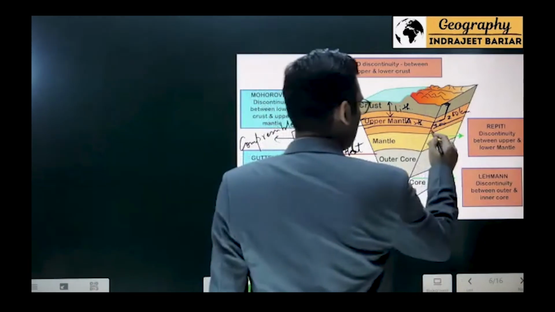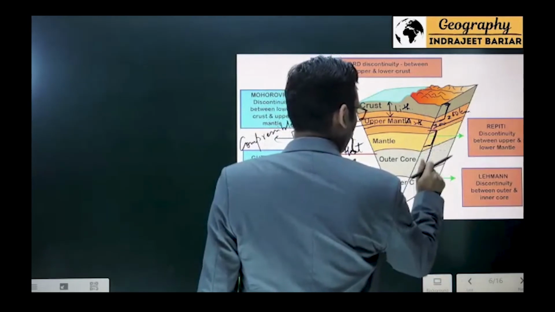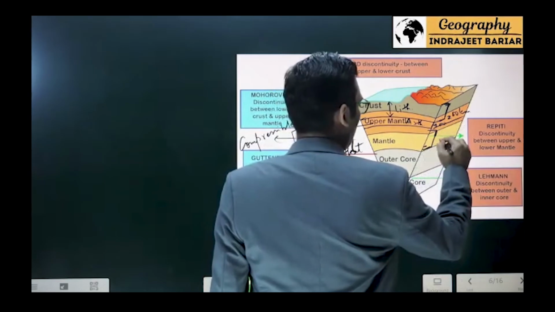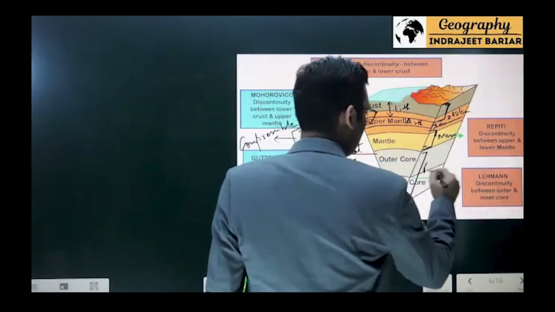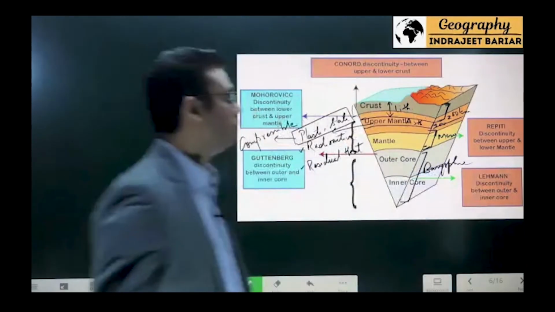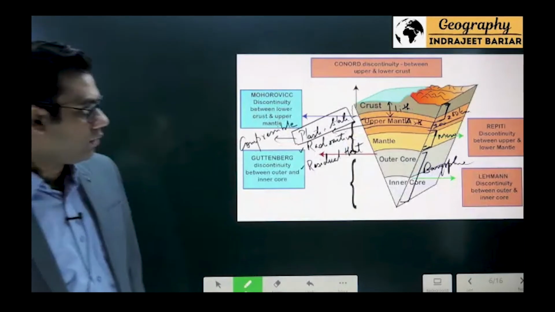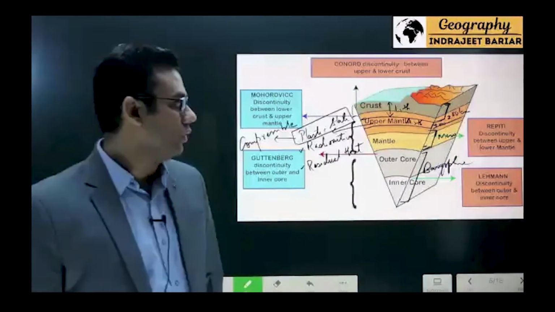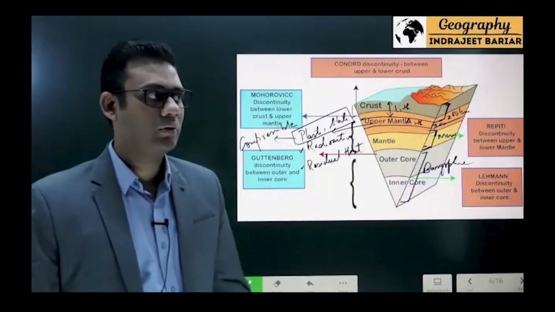After this, the rest, from here to here, the whole remaining mantle, is what we call the mesosphere, and then the whole of the core is called barysphere. So based on mechanical rigidity, we have 4 layers: lithosphere, asthenosphere, mesosphere, and barysphere.